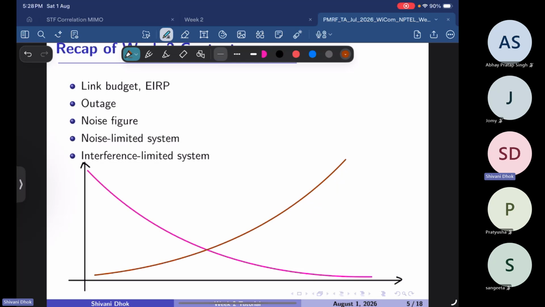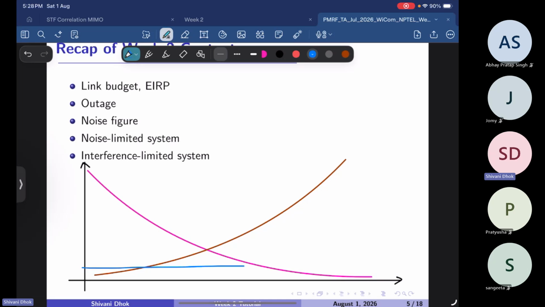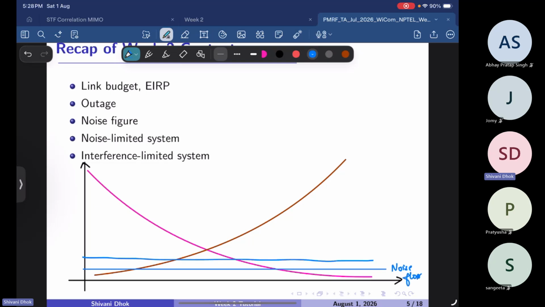So again here we'll have a noise floor and we'll have receiver sensitivity.